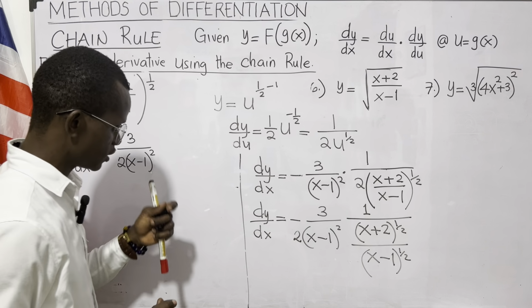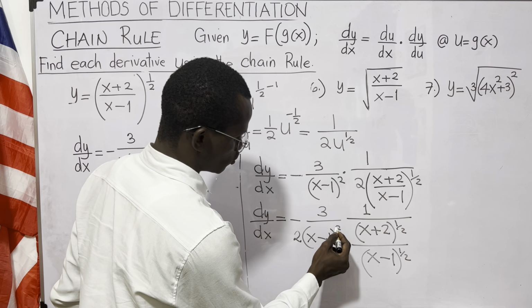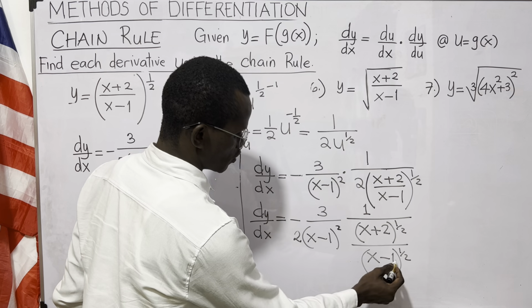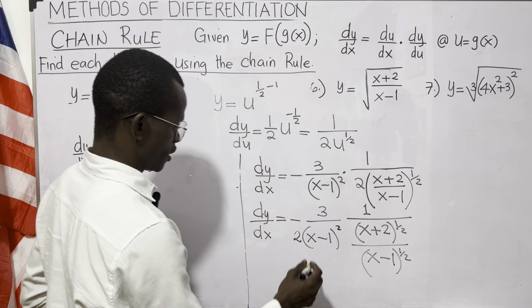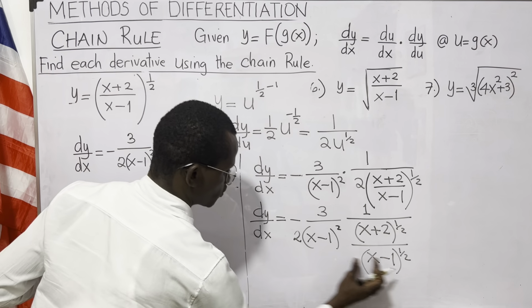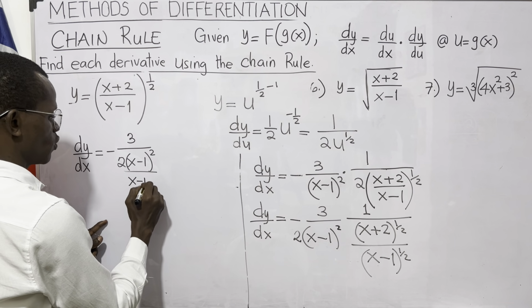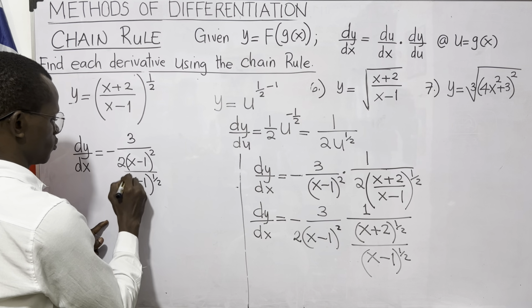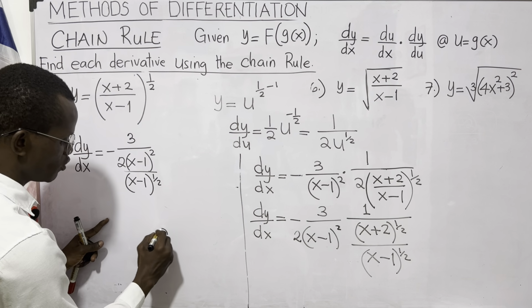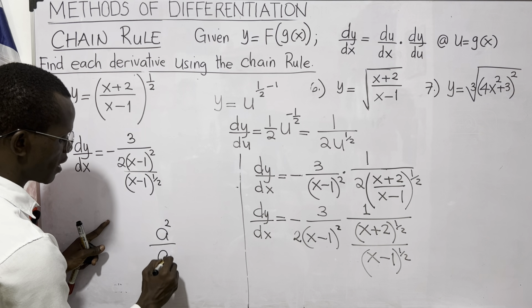Okay, now let's do this. This is x minus 1 raised to the power 2, and this is x minus 1 raised to the power half. So I just bring this one under this, divided by x minus 1 raised to the power 1 over 2. When the bases are the same, you have a raised to the power 2 divided by a raised to the power 3.